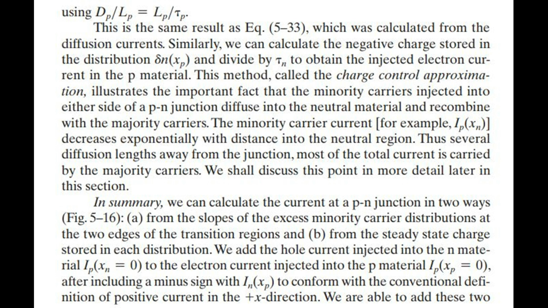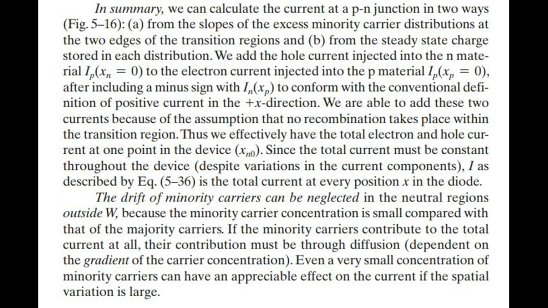After including a minus sign with xp, to conform with the conventional definition of positive current in the plus x direction, we are able to add these two currents because of the assumption that no recombination takes place within the transition region. Thus we effectively have the total electron and hole current at one point in the device, xn = 0.